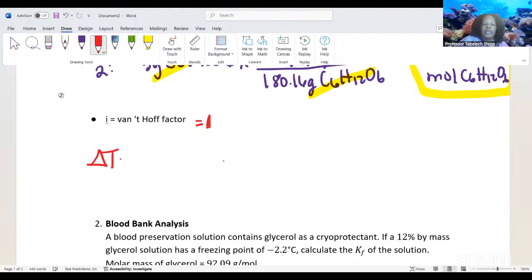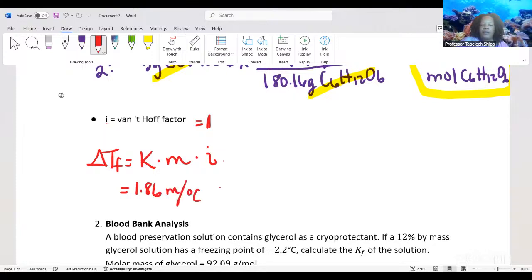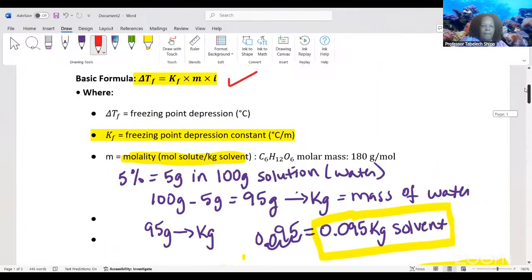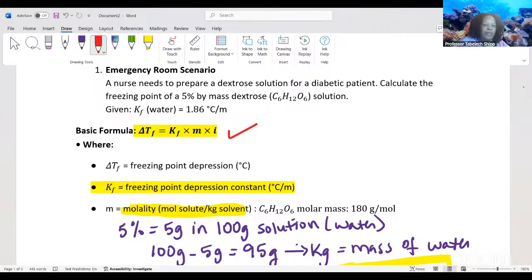So delta T of F is equal to K times the m times the van 't Hoff constant, which is the i. Right here, if you remember up above, they gave us 1.86 degrees Celsius per molality.